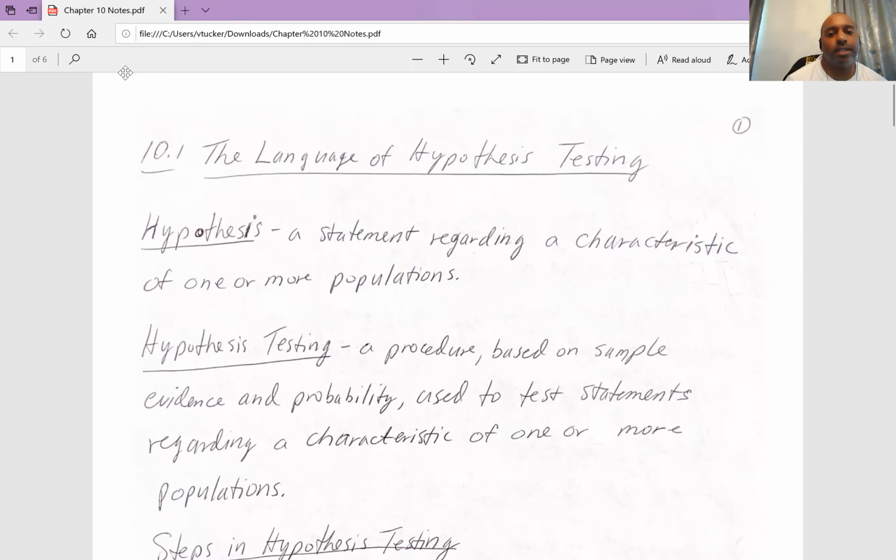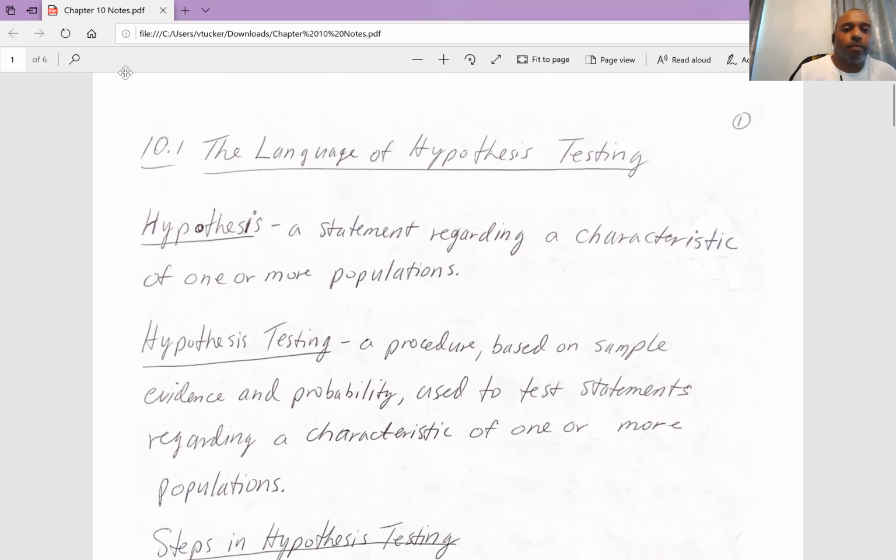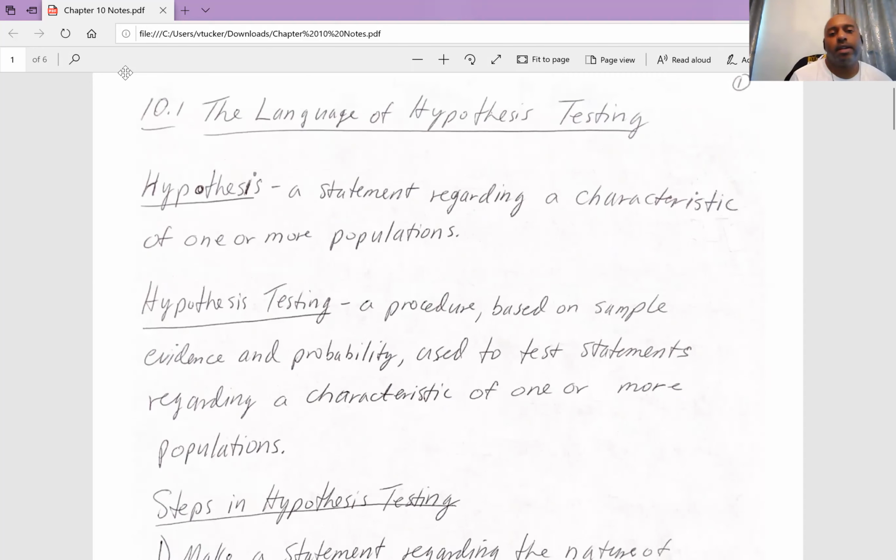A hypothesis is a statement regarding a characteristic of one or more populations. Hypothesis testing is a procedure based on sample evidence and probability used to test statements regarding a characteristic of one or more populations.